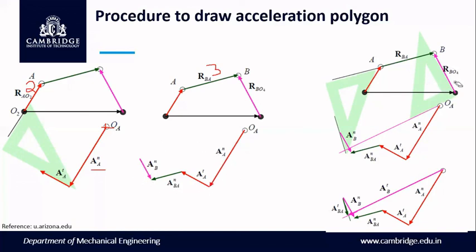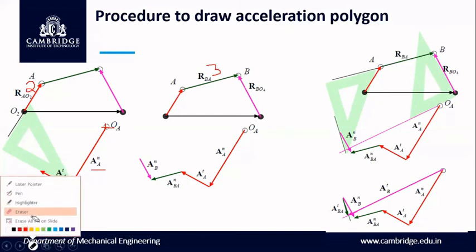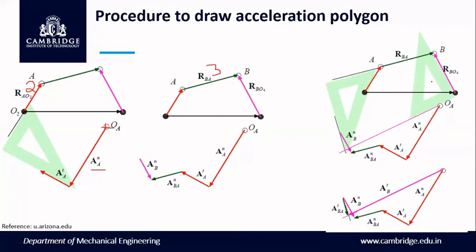Later, the unknown magnitude vectors are the tangential component of acceleration of B with respect to A. So consider link number 4. Draw perpendicular to link number 3 first to get the tangential component.